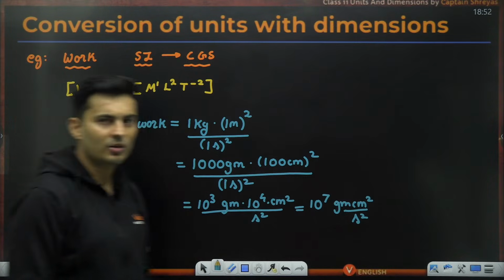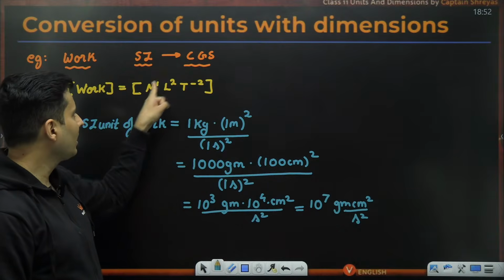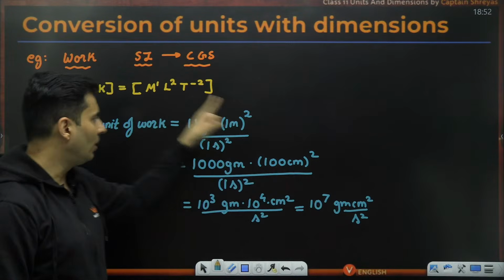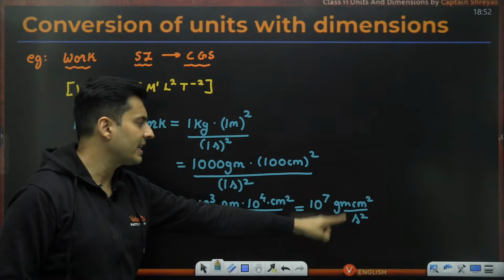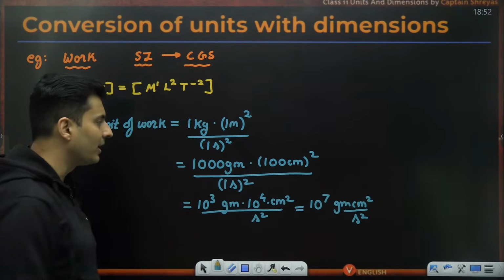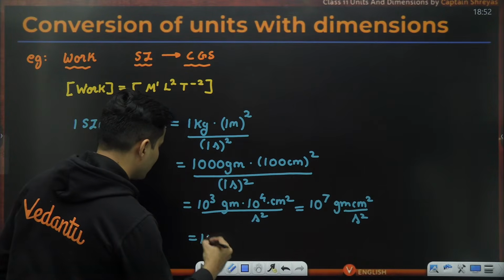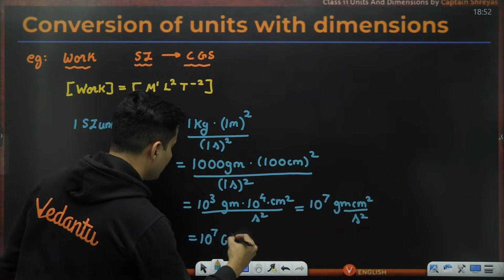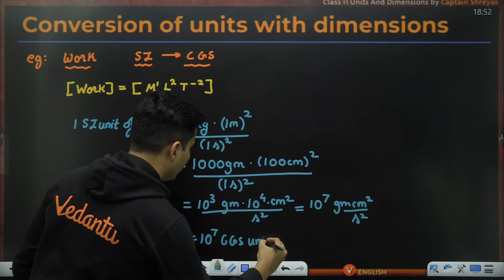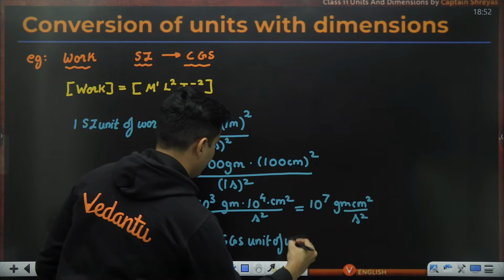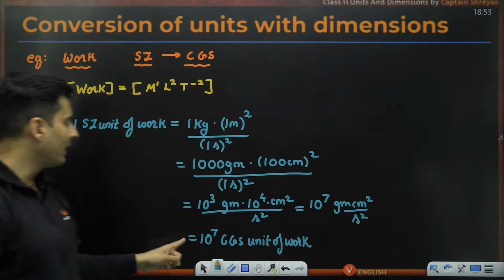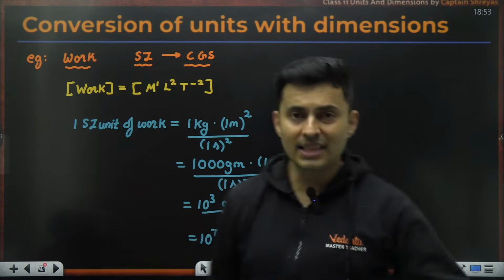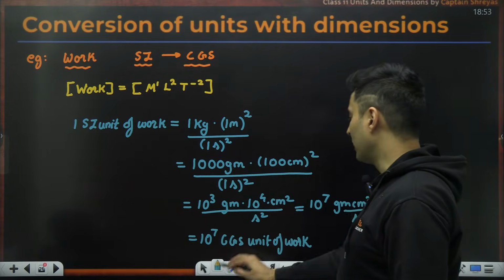Gram is the unit of mass, centimeter is length, second is time. This is nothing but the CGS unit of work. Done and dusted. So 1 SI unit of work is 10 raised to power 7 CGS unit of work.